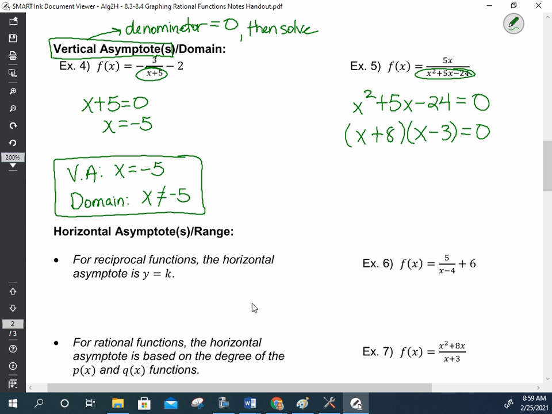So x equals -8, x equals 3. Those are your vertical asymptotes, which means your domain: x can't equal -8, and x can't equal 3.